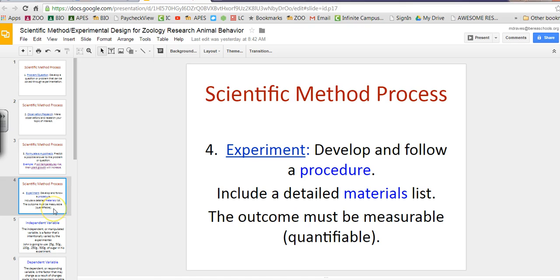You want to make sure that your outcome is measurable, meaning quantifiable. So that would be a quantitative data collection, but in our case you can also have a qualitative data collection. Okay, so just because this is an introductory experiment, and I want you guys to kind of have your own freedom with regards to what you're investigating.